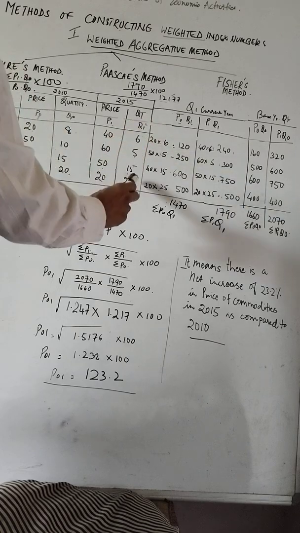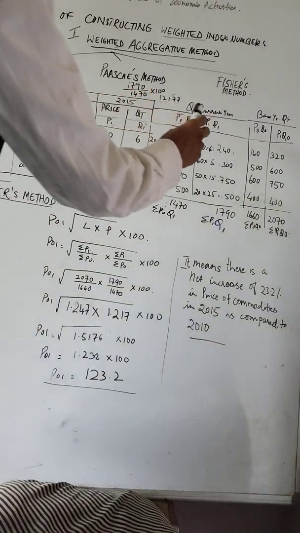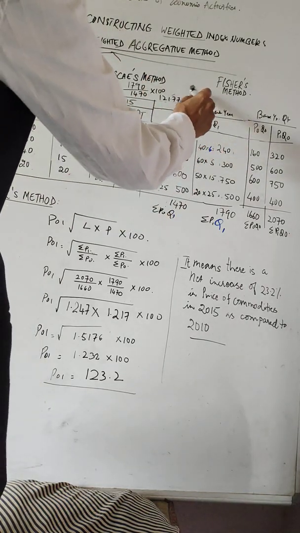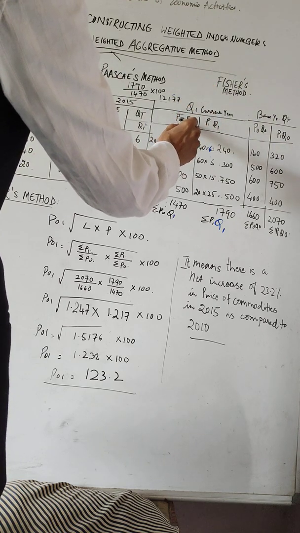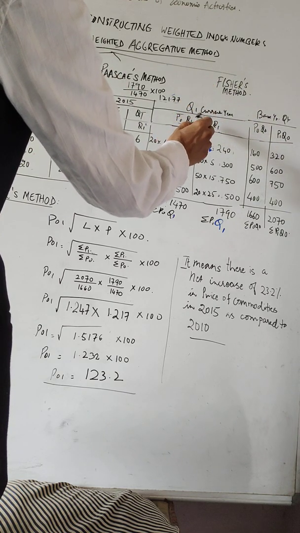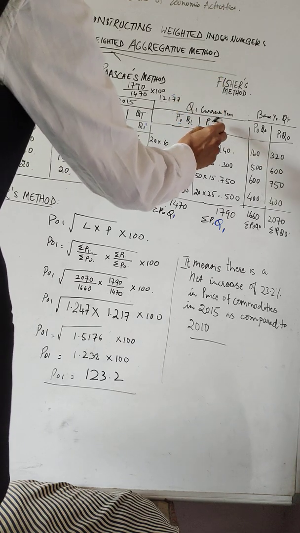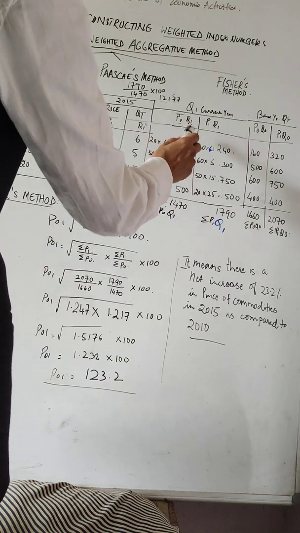So prices and quantities are given. So we took up Paasche's method. We took the current year weights, so we take P0 into Q1 and P1 into Q1. That is how we worked it out.